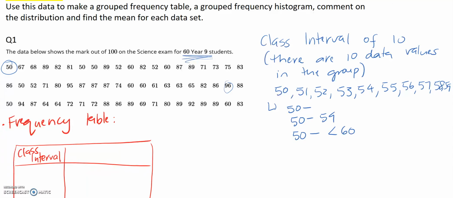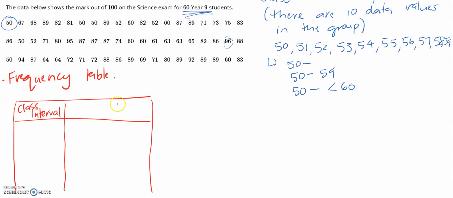We have a class interval. Okay, the second column, we have our frequency, also given by small f. Okay, now the third column is something that we say x. Now I'll tell you what x stands for.